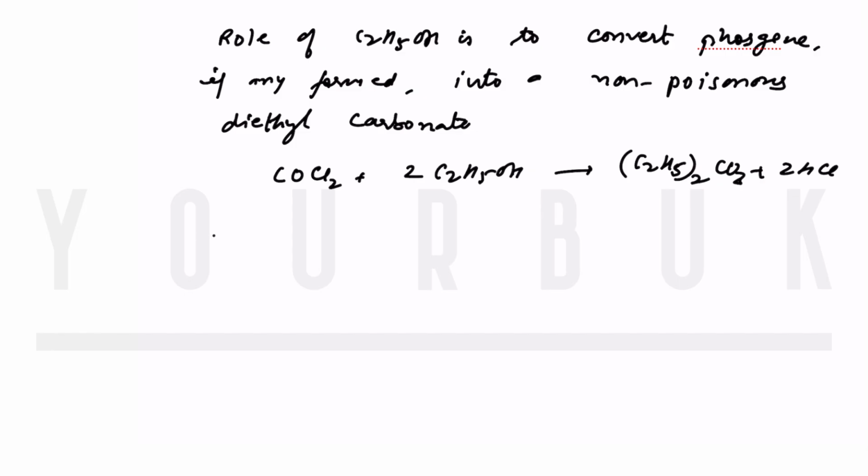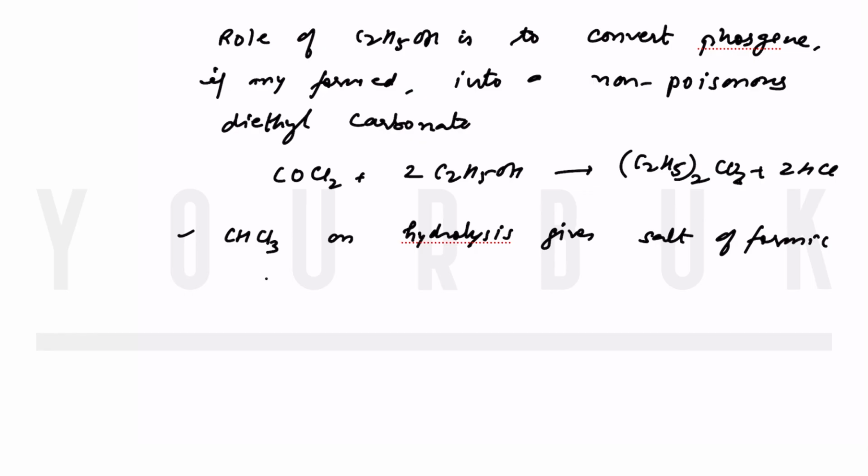Now next, this chloroform on hydrolysis gives a salt of formic acid. For example, this is chloroform.